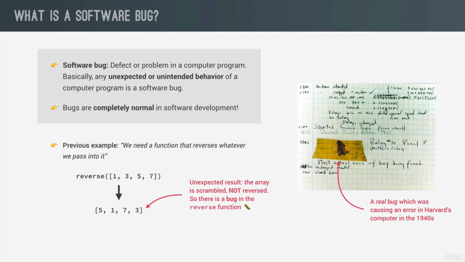Okay? To fix this, we use a process called debugging, which is essentially finding, fixing, and then preventing bugs. So let's see how that works. So the first step is to actually become aware that there is some kind of bug. Because as I said, in a large application, bugs can actually go undiscovered for years.